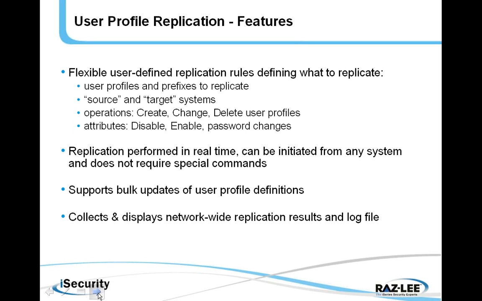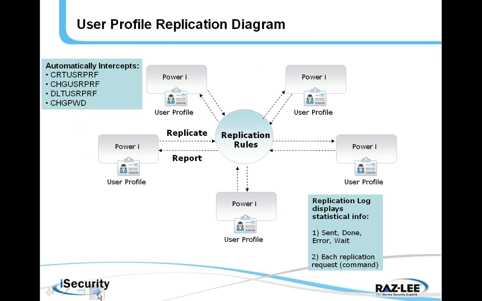The replication is performed in real time and can be initiated from any system and does not require special commands. Replication supports bulk updates of user profile definitions and collects and displays network-wide replication results and a log file so that we have a full audit trail.